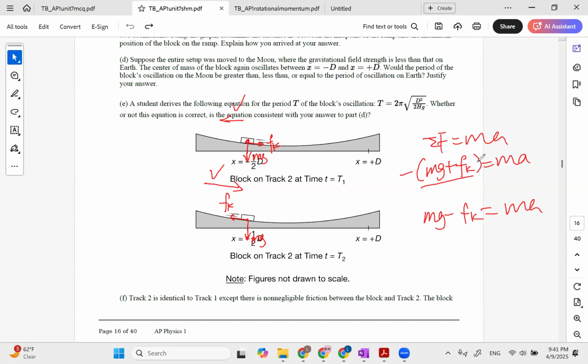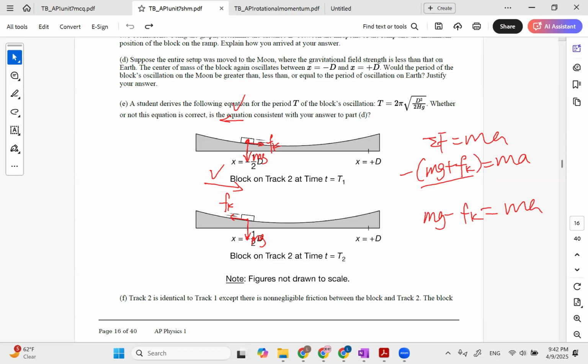The magnitude of the acceleration is greater at T1 because both the parallel component, the component of gravity along the track, and the friction are in the same direction. So the magnitude of acceleration is greater at T1, right? At T2 the net force will be mg sine theta minus friction, right?